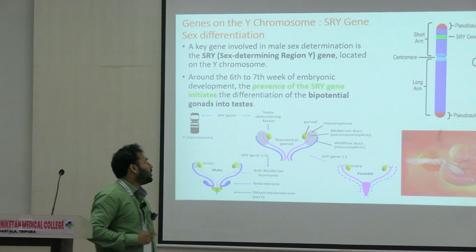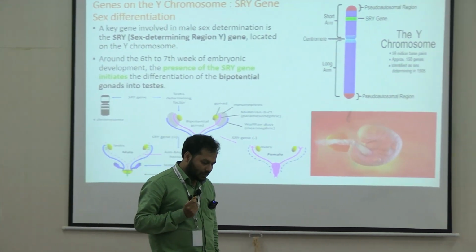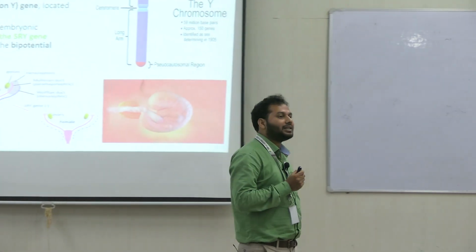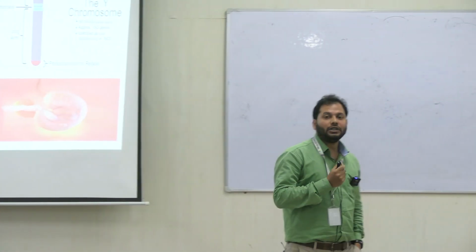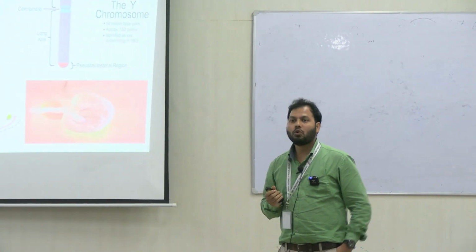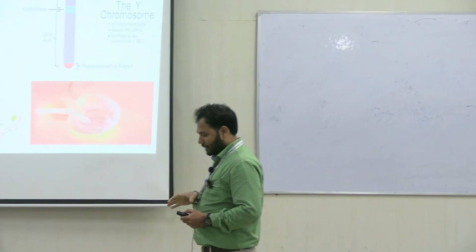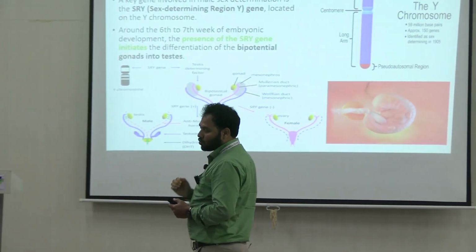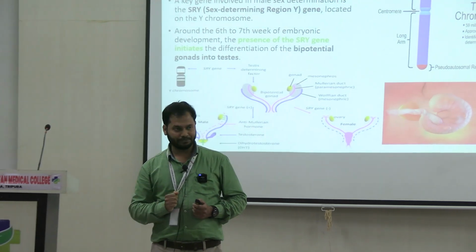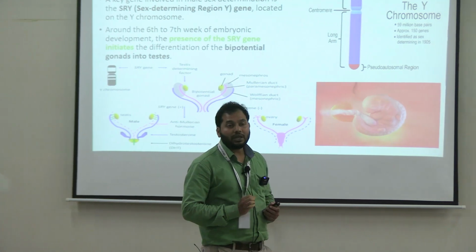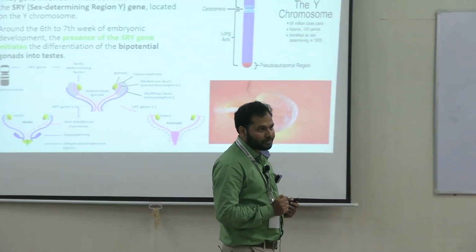Now, if we see the role of certain genes played during the determination of sex, what is the name of the gene that plays an important role in sex determination? And what is the exact location of that particular gene? Yes, we know there is a specific gene called the SRY gene.